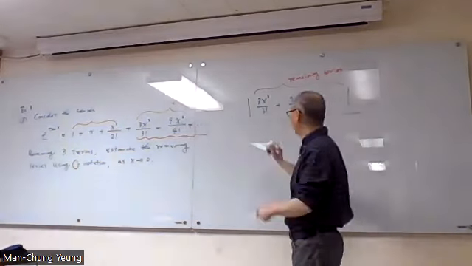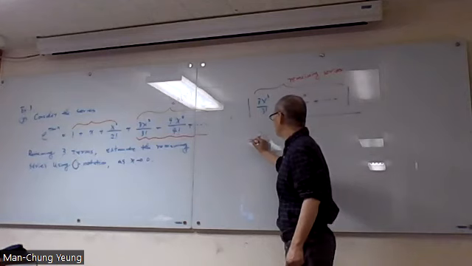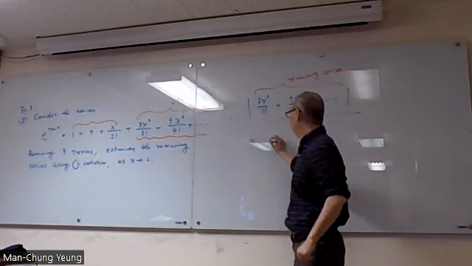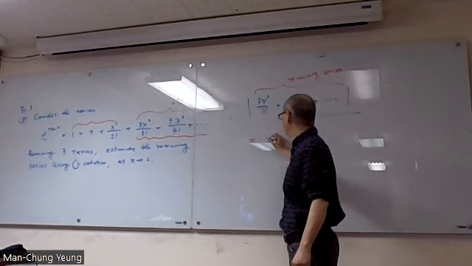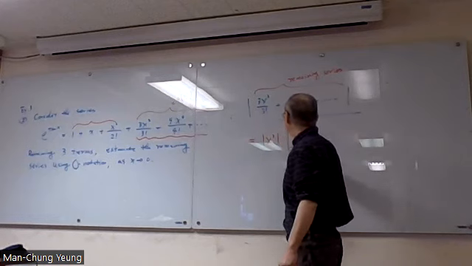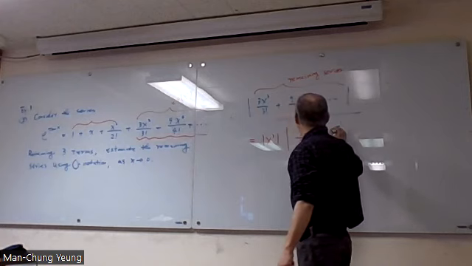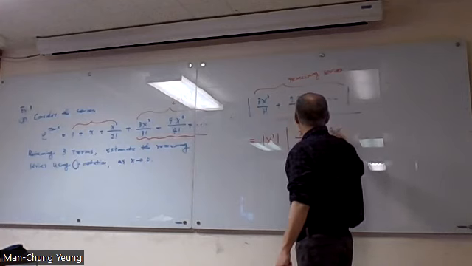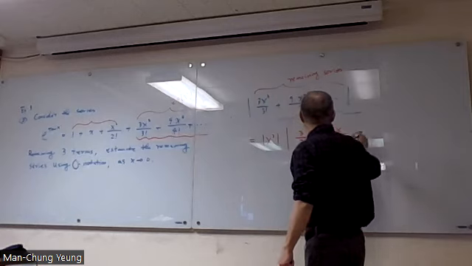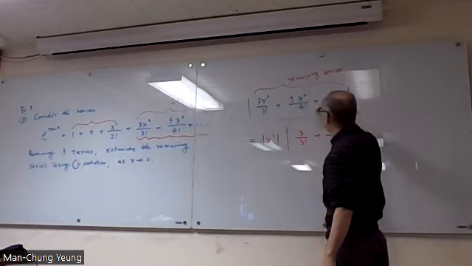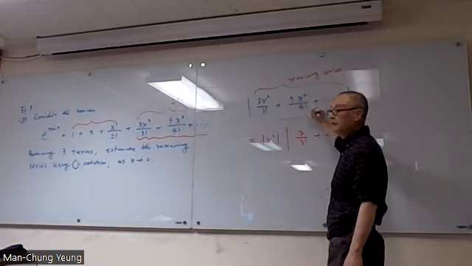Okay, now this is equal to, let me take x to the 4 out. Then the next term should be x to the 5.